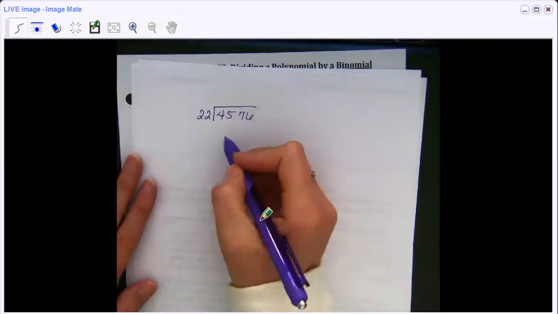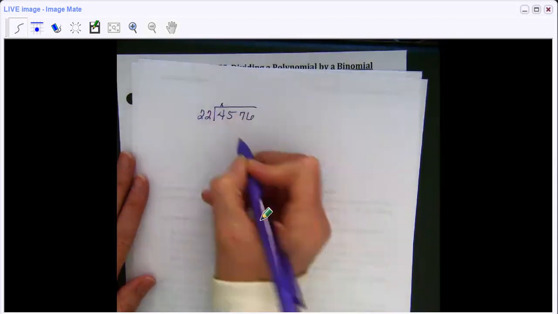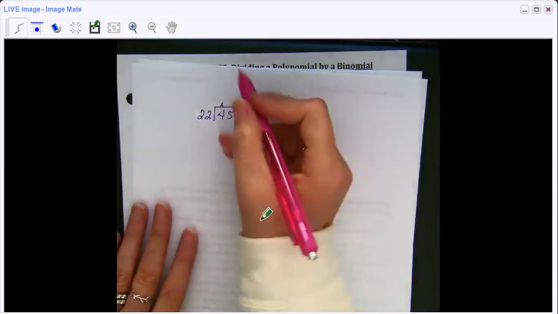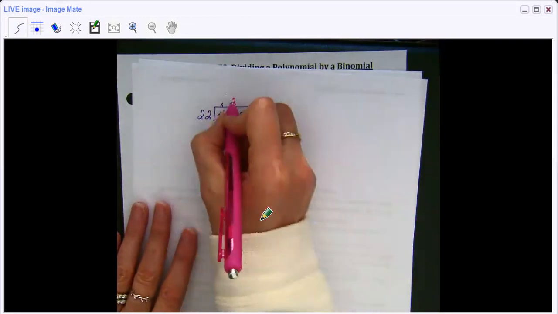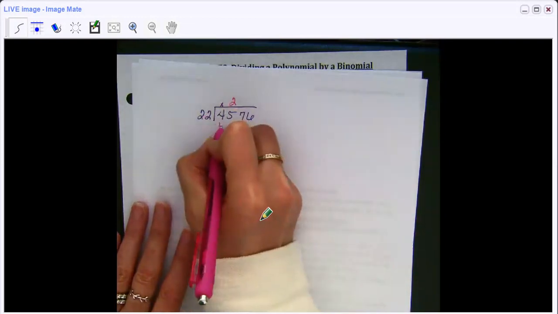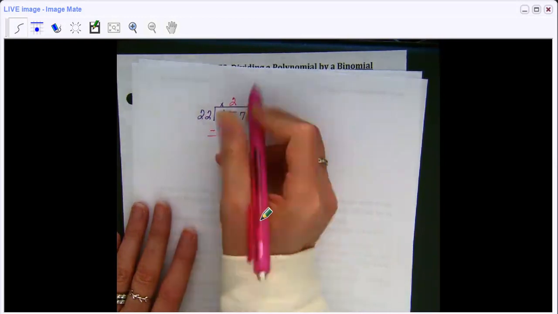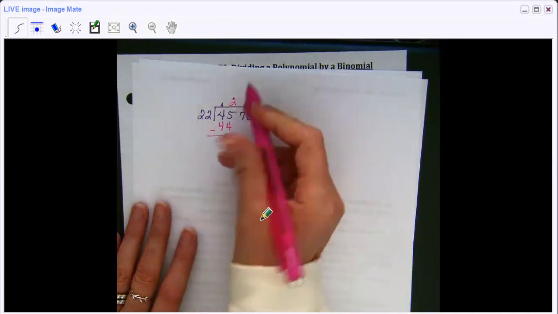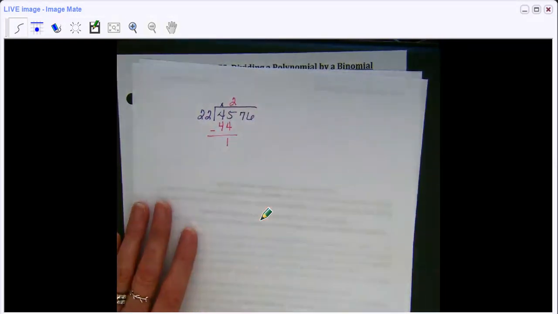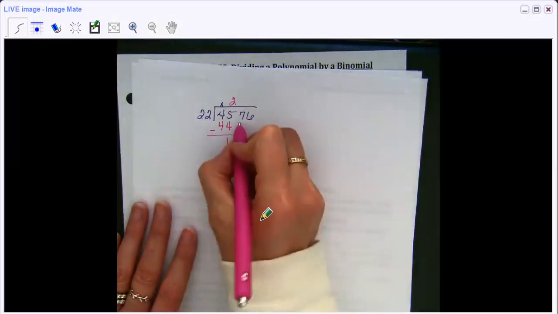Well, it can't go into 4. 4 isn't big enough. So then 22 can go into 45 2 times. 2 times 22 is 44. And 45 minus 44 is 1. And then we have to bring down the 7.